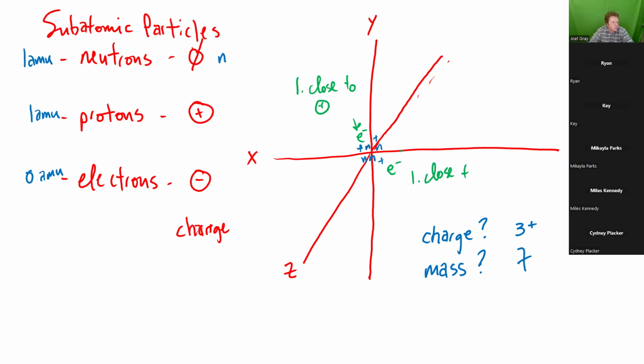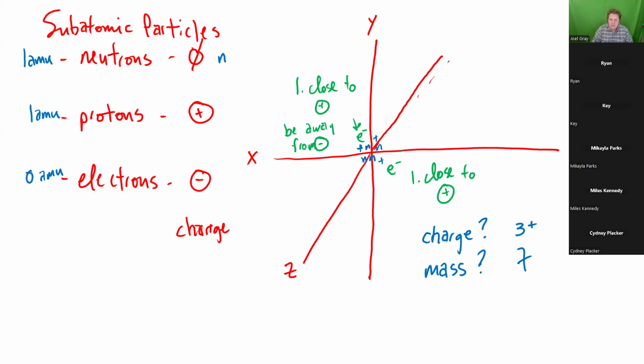They both want to be close to positive charges, but also they both want to be away from negative charges. So these two electrons want to be close to the positives, but they want to be far away from one another. Does that make sense? It's like they're both in love with the positive charges, but they hate each other.